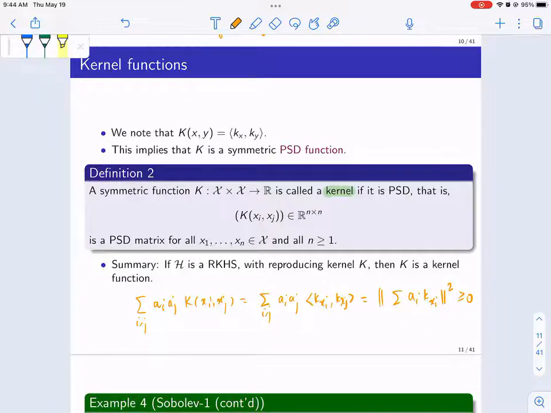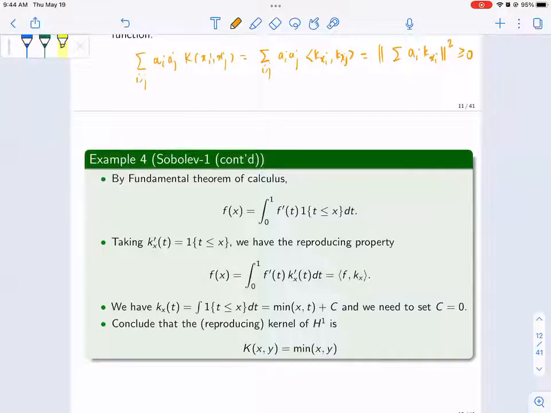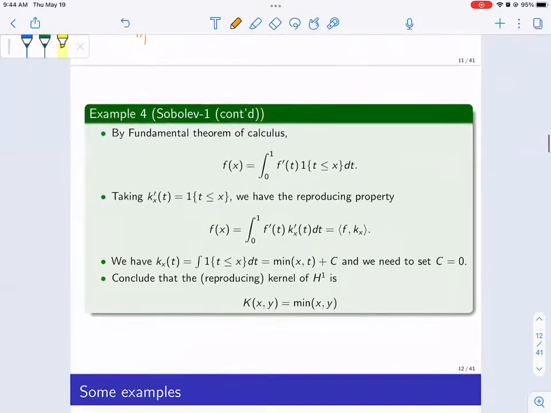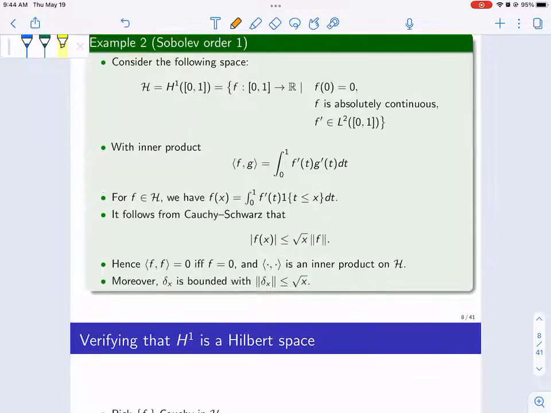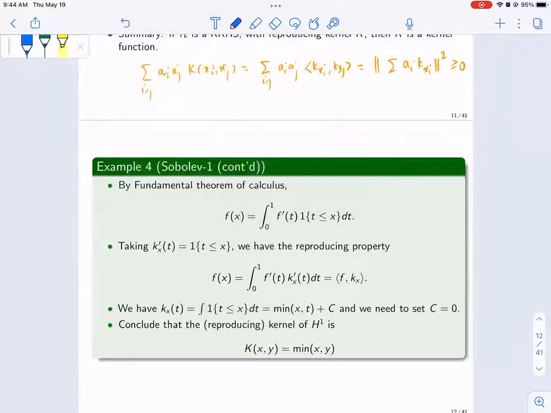So the key result that we wanted to talk about, okay, so maybe we didn't talk about this. Let's see what the kernel for the Sobolev one is. Remember, this is the Sobolev space. And I can write every function that's in the Sobolev space as, by the fundamental theorem of calculus, f(x) written as the integral from 0 to x of f'(t) dt.